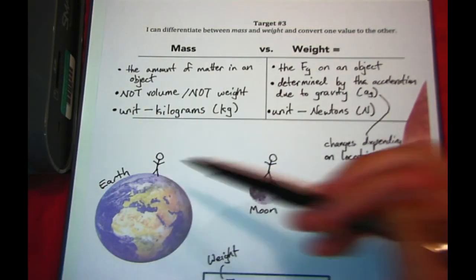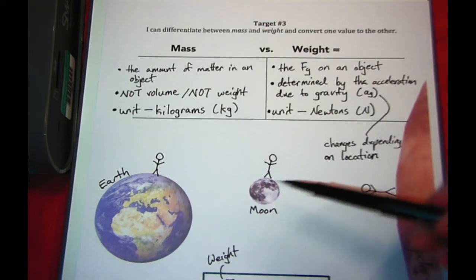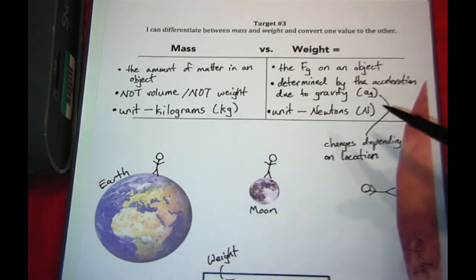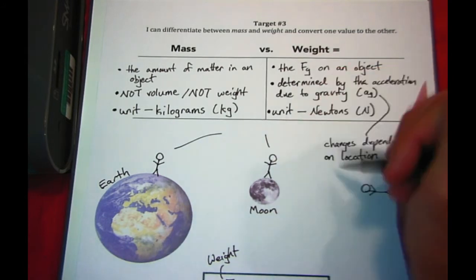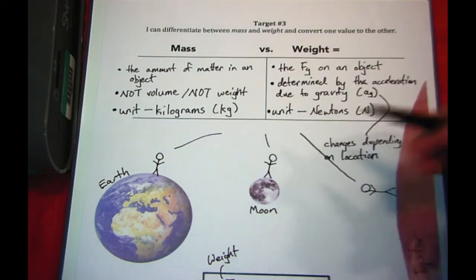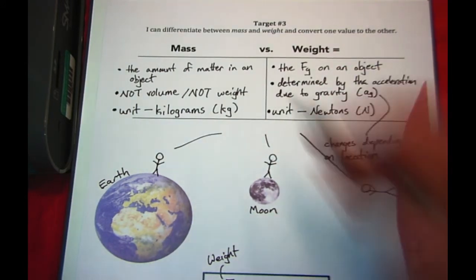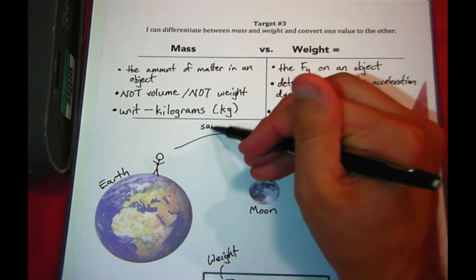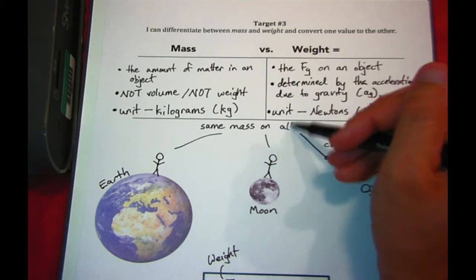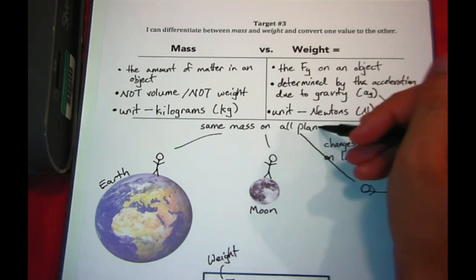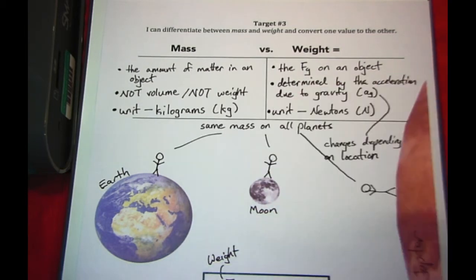This is the same exact person on Earth, the Moon, and Jupiter, so the same amount of atoms are going to be in his body no matter what location he's at. His mass, the amount of stuff in his body, isn't going to change. So we could say same mass on all planets. And I know the Moon's not a planet, but just for simplicity's sake, we're going to say same mass on all planets.